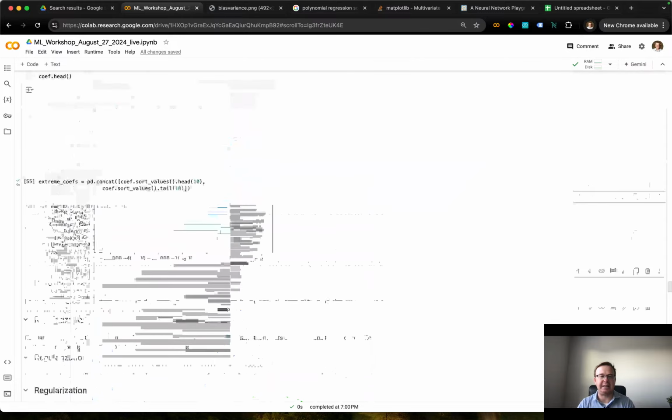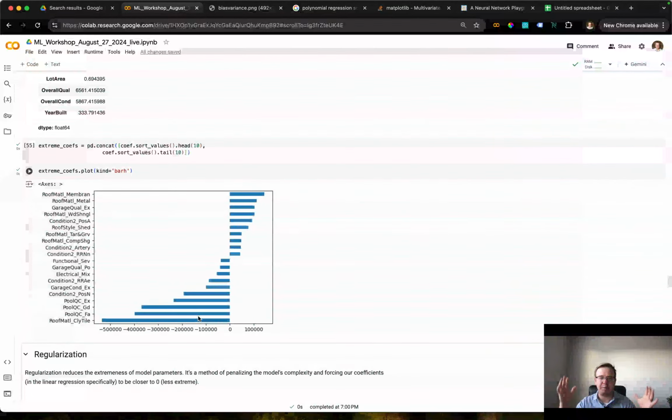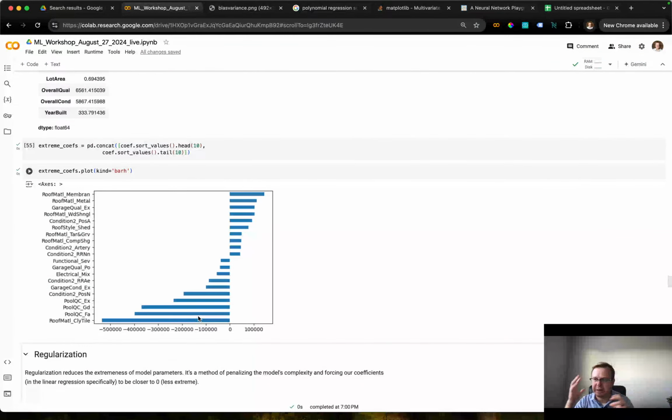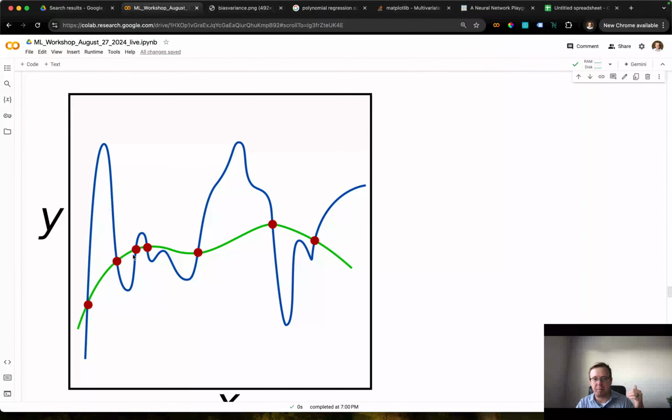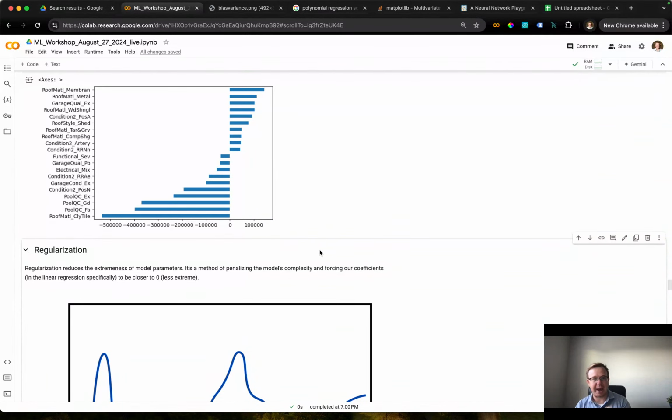As I take these extreme coefficients and bring them back down to size, bring them back to reality, my model is still going to fit really well, but not be quite so crazy, not fit so much to noise in the data. We're going to combat the overfitting and multicollinearity by purposely and in a systematic manner making our model's wonky coefficients smaller. That's really what regularization is.